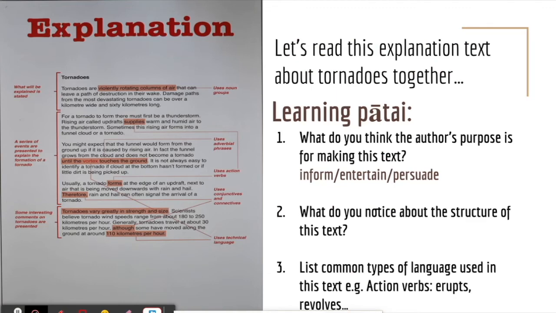I'd like you to write down what they have added and tick off if they've got everything. And then also question number 3, list common types of language used in this text. Again, we've given you a bit of a hint on the right side. Cool?